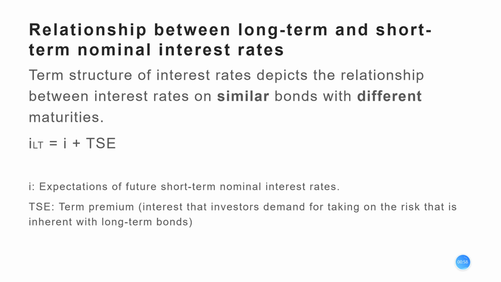The formula is: long-term nominal interest rate equals i plus TSE. i is the expectation of the future short-term nominal interest rate, and TSE is the term premium, which is the interest rate that investors demand for taking on risk that is inherent with long-term bonds.